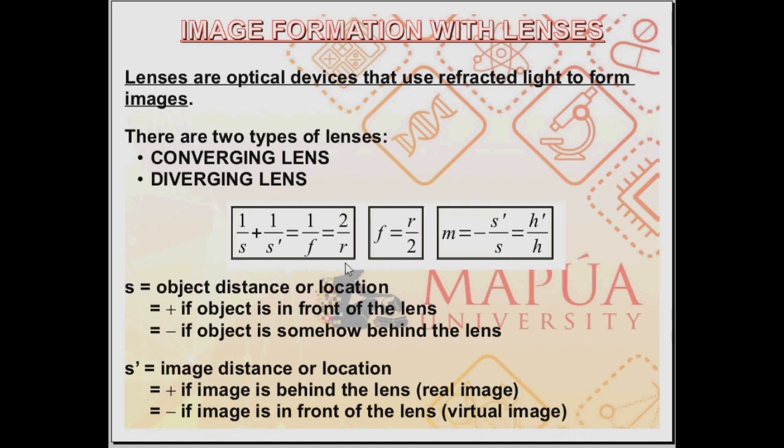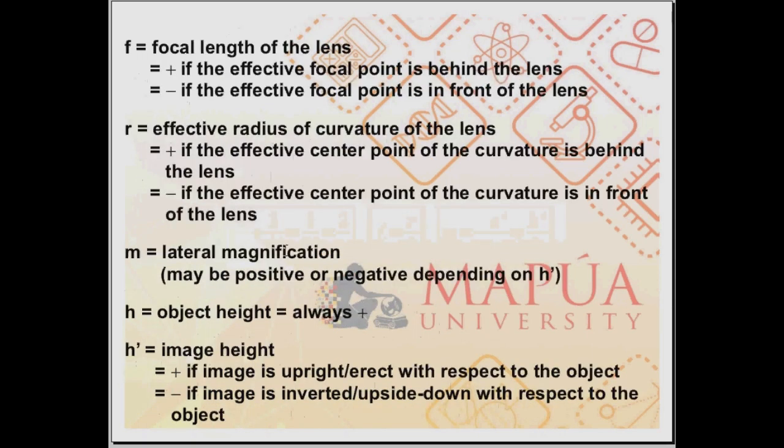f is still the focal length and r is still the radius of curvature. f is positive if the effective focal point is behind the lens. There are two focal points to speak of for lenses, and if one of them, the effective focal point, is behind the lens, f is positive for the lens. Focal length f is negative, on the other hand, if the effective focal point is in front of the lens.